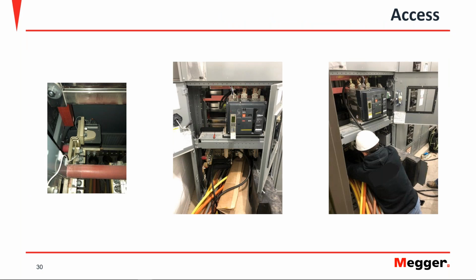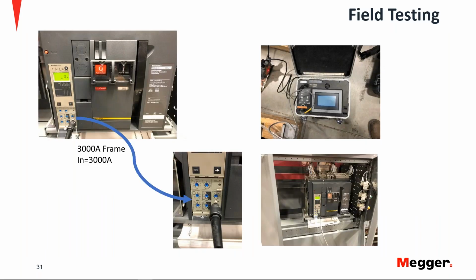Right, access, as I already mentioned, especially with power circuit breakers, is really important to take into account, having the correct length of cables and the accessories needed to connect bolts or vice grips or clamps to the breaker.